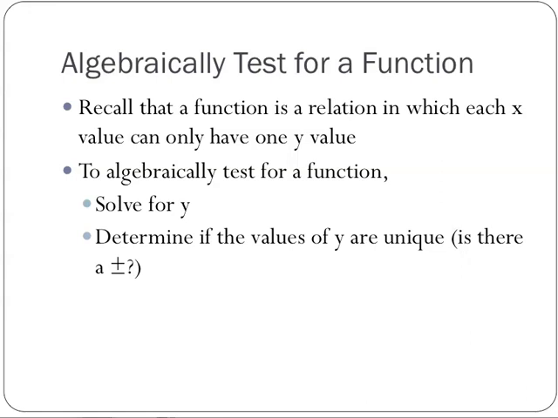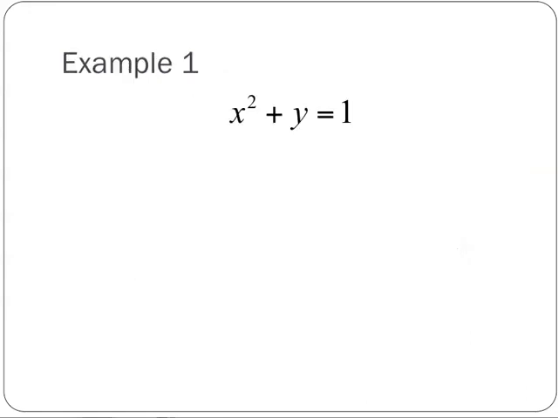Let's take a look at an example. So x squared plus y equals 1. To determine whether or not this is a function, we want to start by solving for y. So let's move the x squared over to the other side. And now you want to ask yourself, are the y values unique here? In other words, if I plug in a value for x, is there any way for me to get multiple values of y?